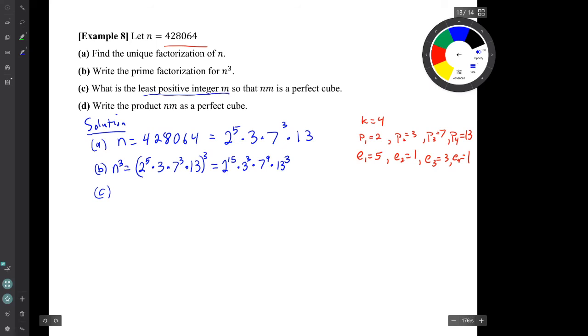What's the least positive integer m so that nm is a perfect cube? Well, that means that in the prime factorization for nm, all of the exponents are going to have to be multiples of 3.